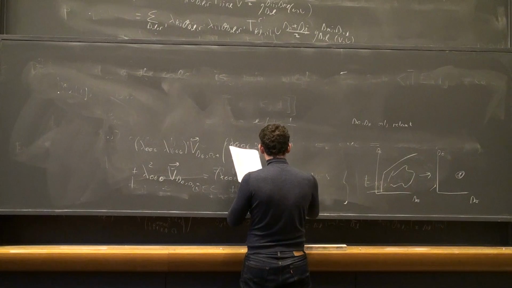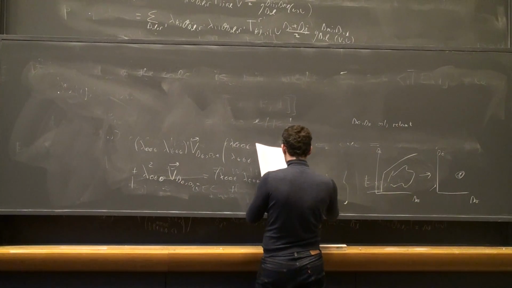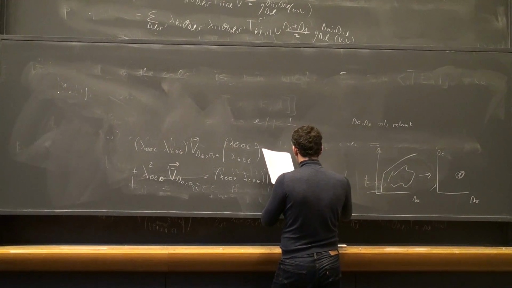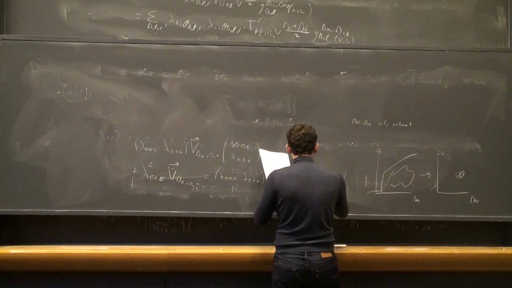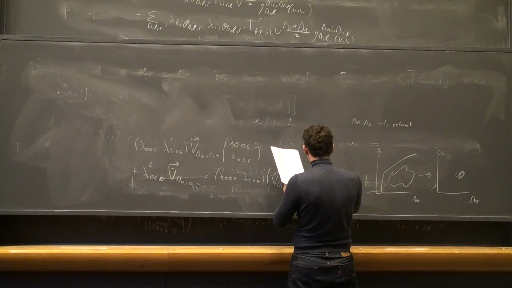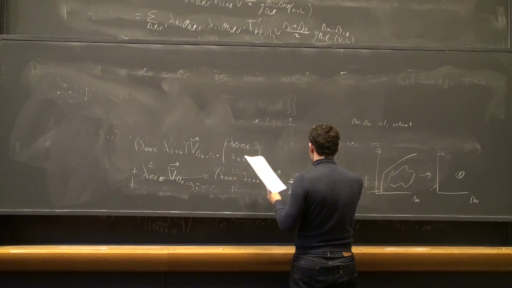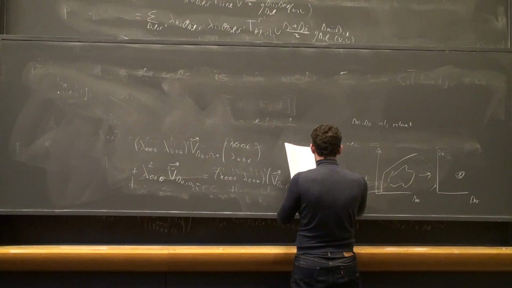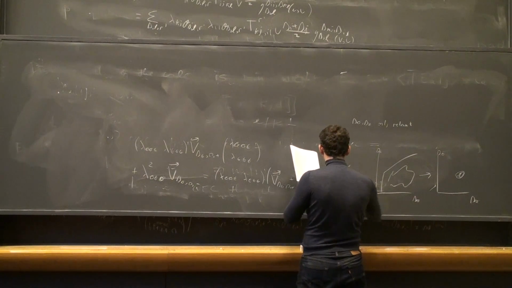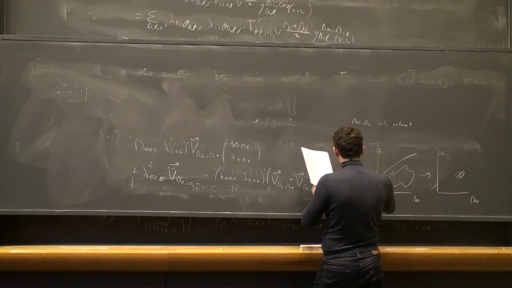So v delta epsilon, 0 plus v delta sigma, 0 minus. Then we have to do a tensor product with a 2x2 matrix, because this is a 2x2 matrix. So we want this to be a 5-vector of 2x2 matrices, and then this is lambda sigma sigma epsilon, lambda epsilon epsilon epsilon.